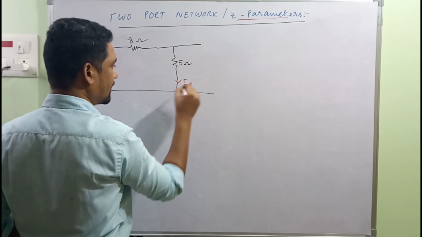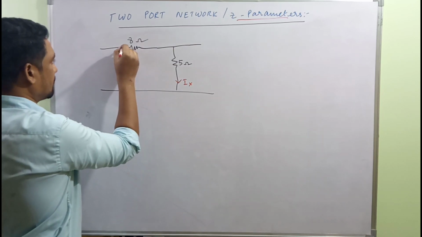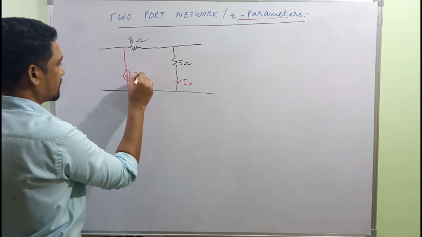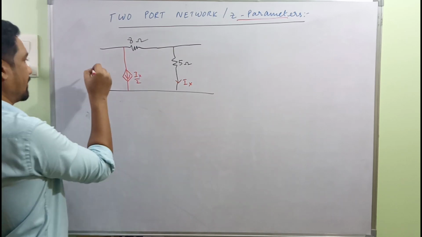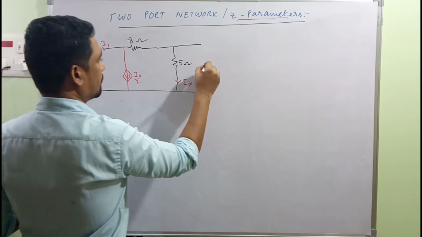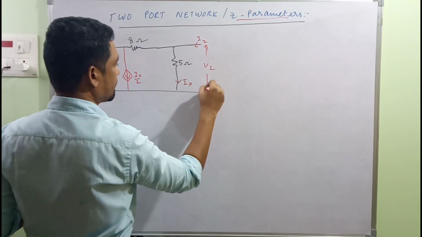Let's introduce a dependent current here. Let this be half of Ix. Okay. Now here we have, as usual, V1 and I1, V2 and I2 over here, guys.